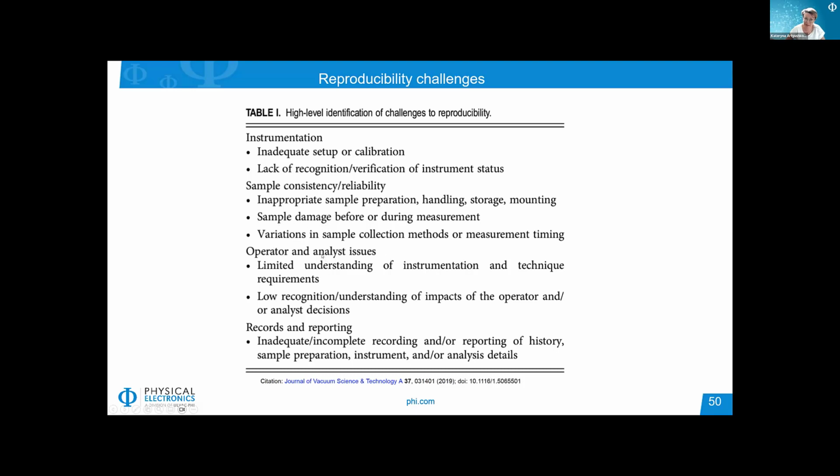Then the analyst issue, whether there is a limited understanding of the instrument and technique requirements and of the decisions being made, because it impacts the quality of the data. And we have seen a real crisis. This whole initiative started from recognizing that we are seeing incomplete records and incomplete reports on the experimental conditions, and inadequate processing of XPS data in the literature, often in very highly ranked journals.